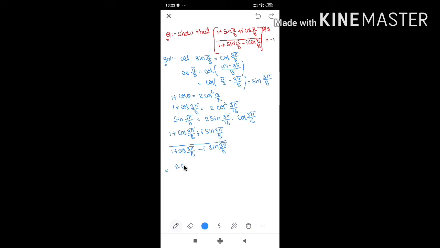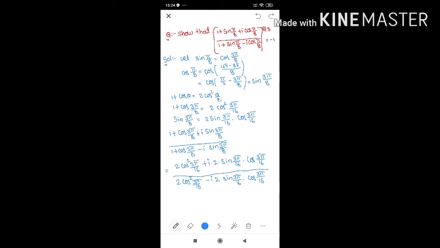So we write 2 cos square 3 pi by 16 plus i times 2 into sin 3 pi by 16 into cos 3 pi by 16, divided by again 2 cos square 3 pi by 16 minus i times 2 sin 3 pi by 16 into cos 3 pi by 16.